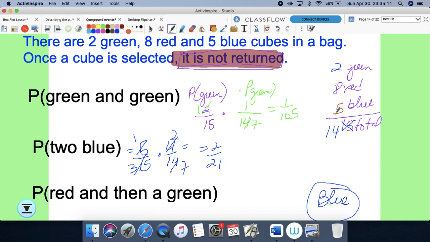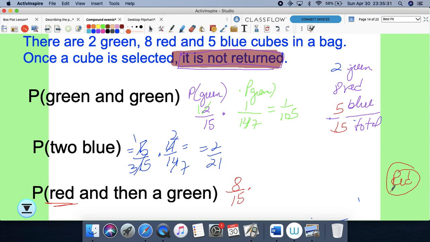It says, what's the probability of getting a red followed by a green? All right, 15 total. So what's the probability of getting a red right now? The probability of getting a red right now is 8 over 15, right? You take a red marble, put it in the corner, and then there's 7 reds now.